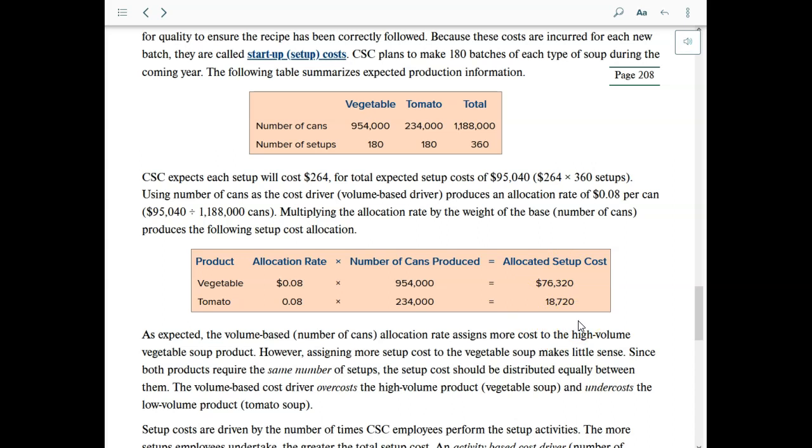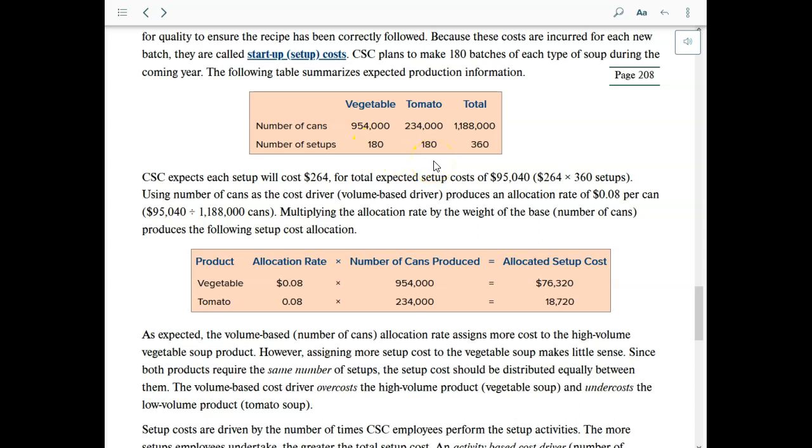We did produce a lot more cans of vegetable soup, but is this really fair? What cost are we trying to allocate here? We're trying to allocate the setup cost, the total setup cost for the year. Well, if each type of soup uses the same number of setups, because you're switching back and forth, you might run this for several days and this for several days, but you still have 180 for each one.